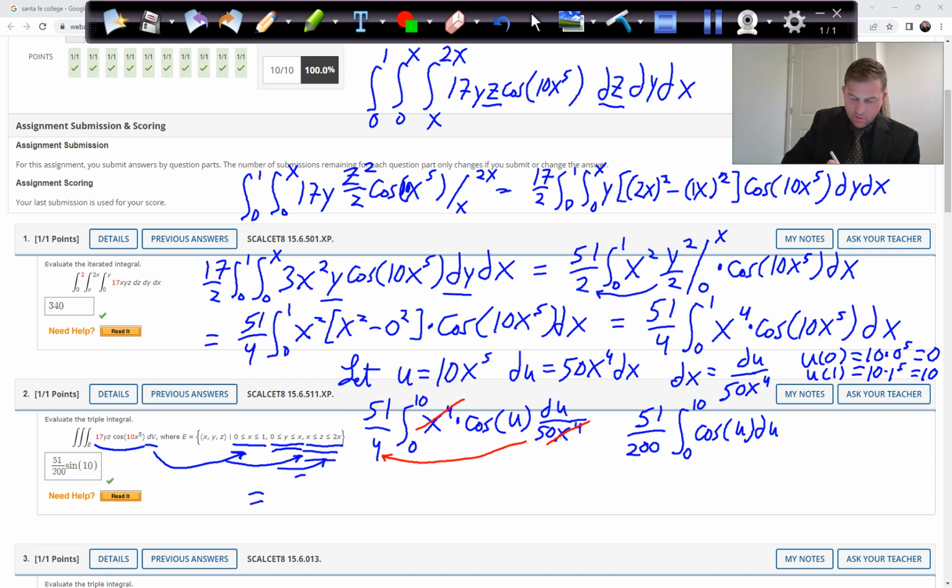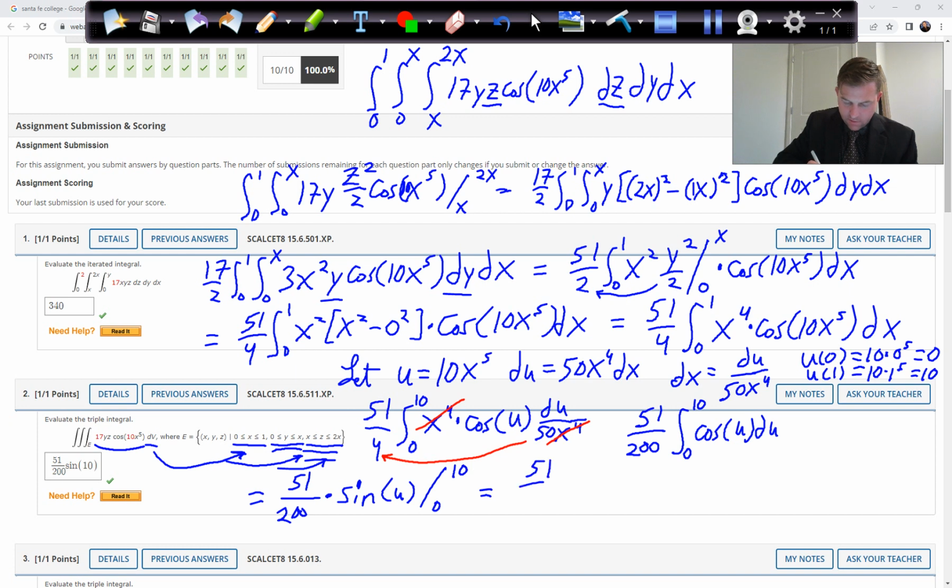Well, the antiderivative of cosine u is sine u, and we do not have to change u back to 10x to the 5th because we changed the limits. So that's evaluated from 0 to 10.